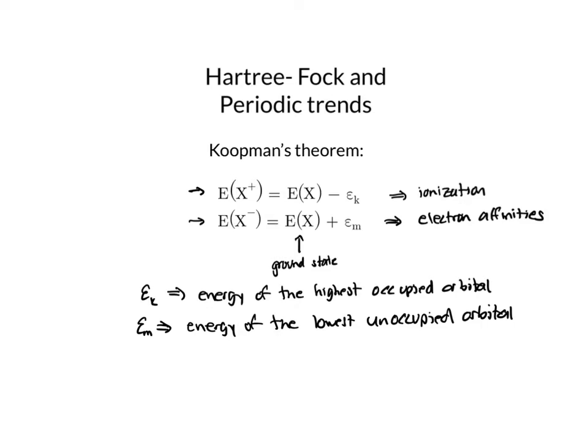And if we remove the electron that is in the highest occupied orbital, so we subtract that energy from the ground state, that gives us the energy of the positive ion. So this epsilon sub k is exactly the ionization energy of the atoms. And so we can use these Hartree-Fock calculations to verify the periodic trends that we learned in general chemistry.